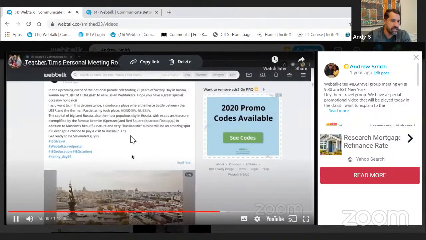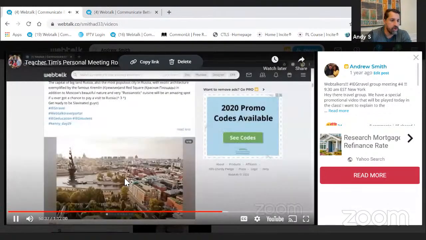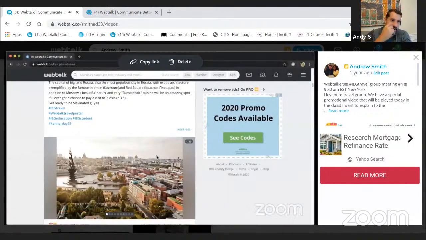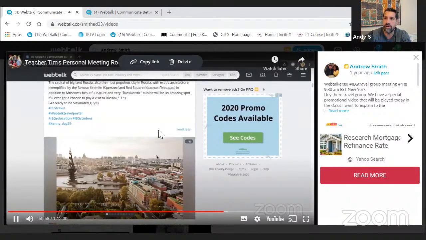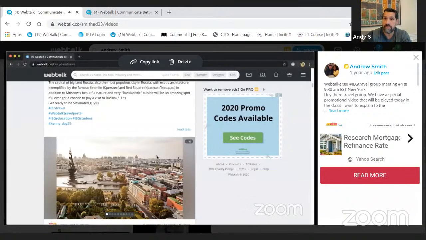They had posted this on their news feed already, but they were showing different pictures from their country, and then they were hashtagging it with the IEG travel group, the IEG travel portal, IEG education, IEG students, all that stuff, so that when we go in and start searching IEG travel, all these things are going to come up, and people are going to be able to showcase their country. So that's one of the things you were talking about, Slim. You were saying, I would love to have people show what's going on in my country, different things that are important in my country.